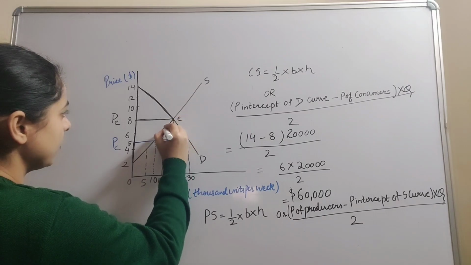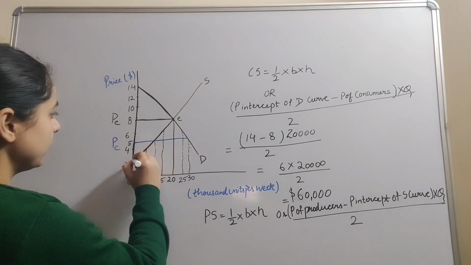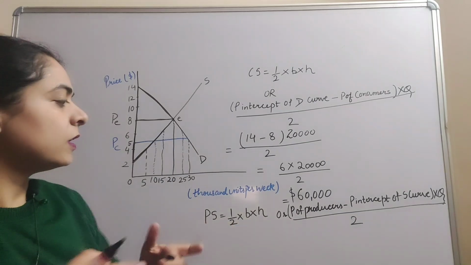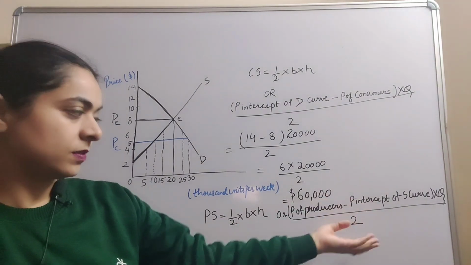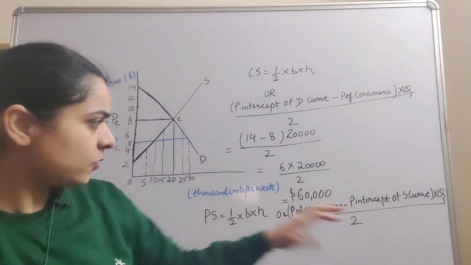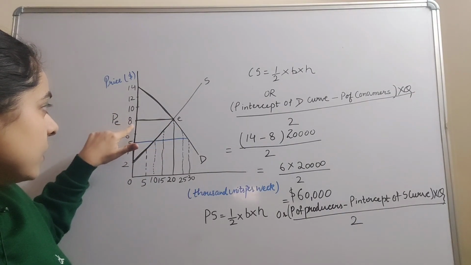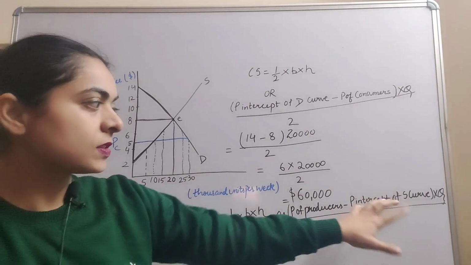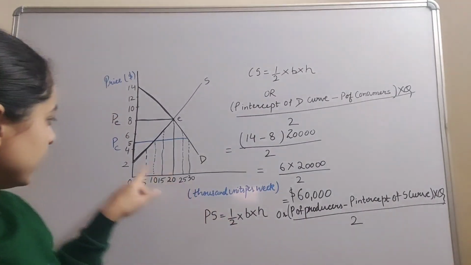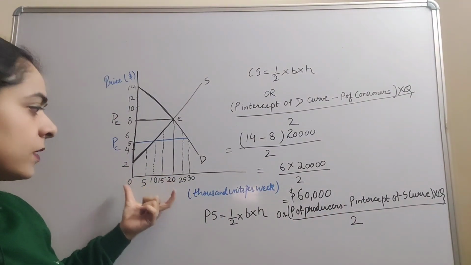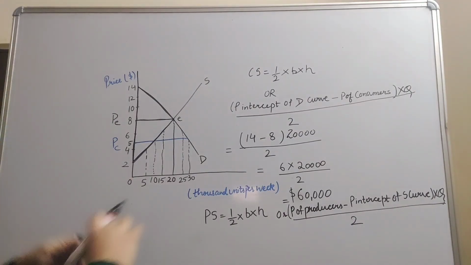Now this again forms a triangle. So in order to find the value of producer surplus, we can use this formula, or to put it in other ways, we can write it like this: P of producers, that is the price received by the producer, the equilibrium price, minus P intercept of supply curve, that is 2, multiplied by the number of units, that is 20,000.